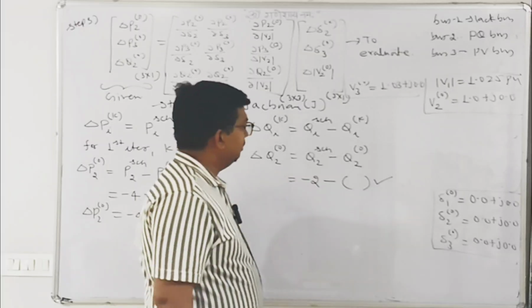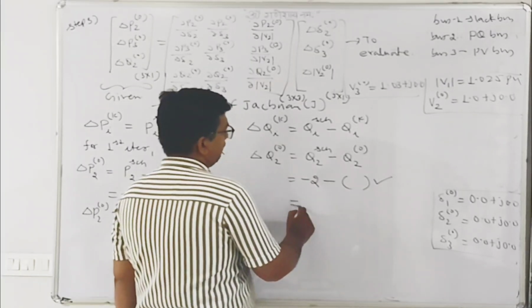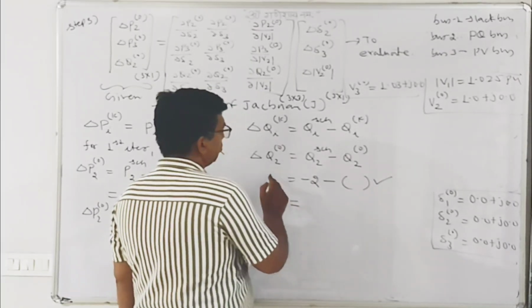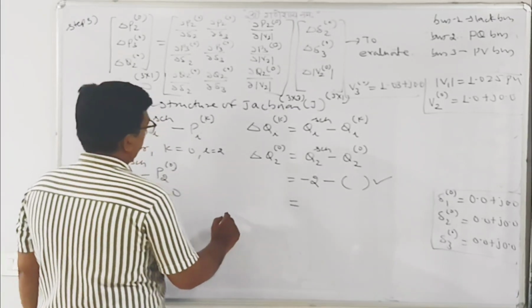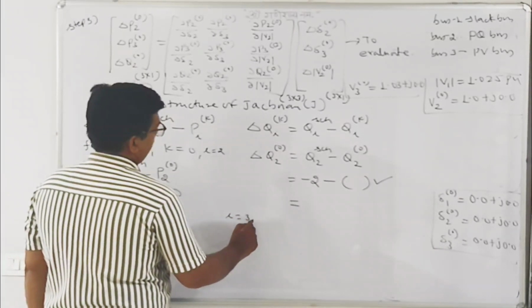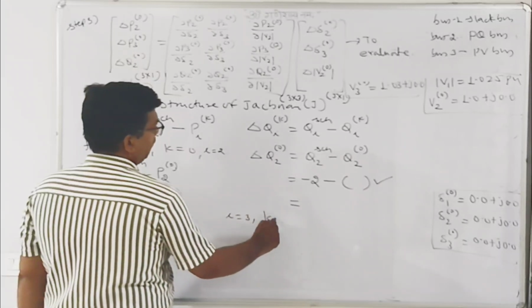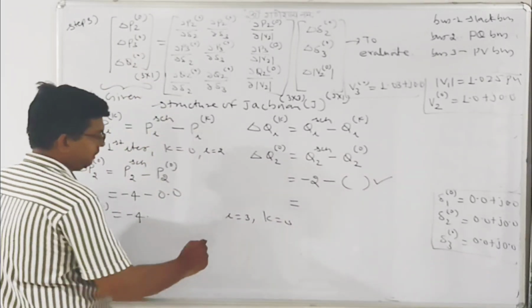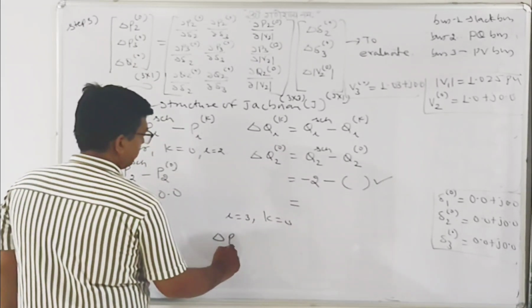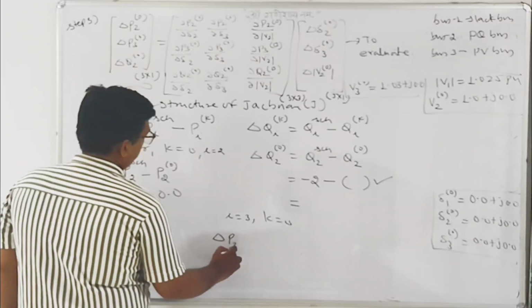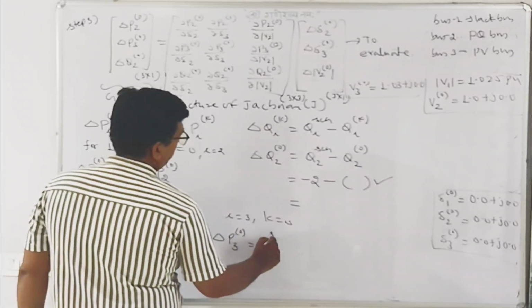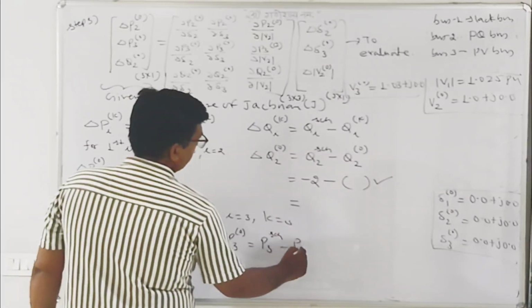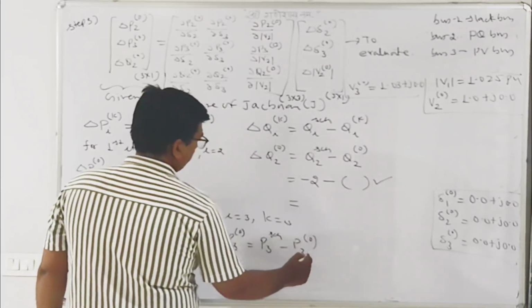We will put it here, and we get the Q2 0. And then when we put i equals 3 and k equal to 0 in this bus, what does this become? Delta P3 0 equals P3 schedule minus P3 0.